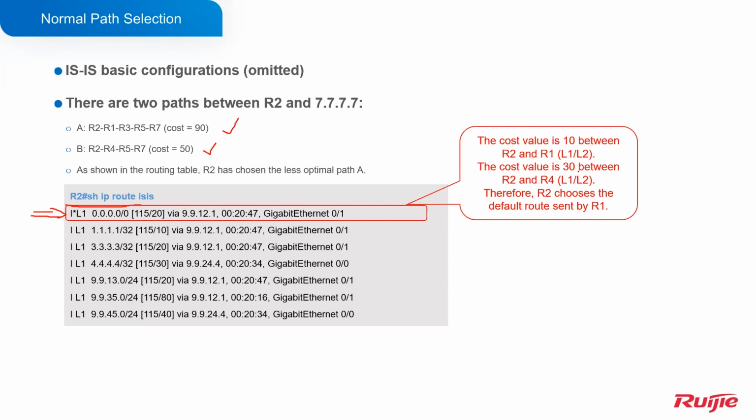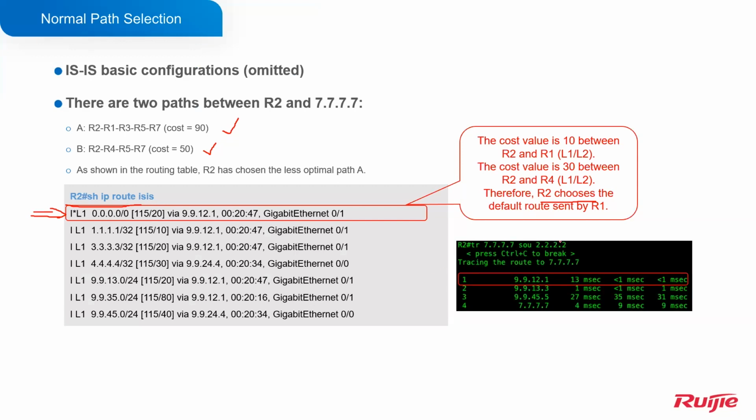The cost value is 30 between router 2 and router 4. So router 2 will choose the default route from our direct neighbor, router 1, right? So if you trace route 7.7.7.7 from your neighbor 2.2.2.2, the first step will become 9.9.12.1. This is an IP address connected with router 1.